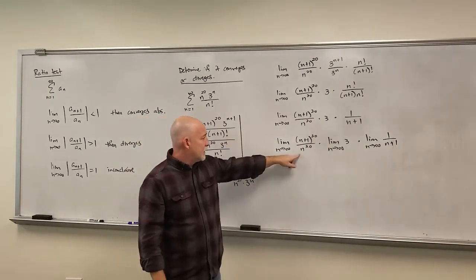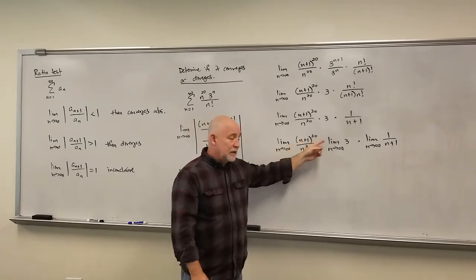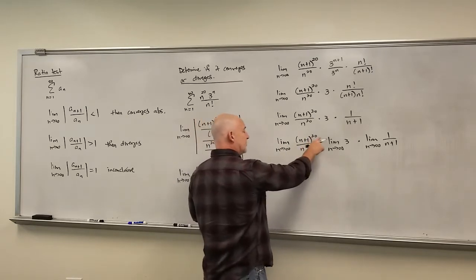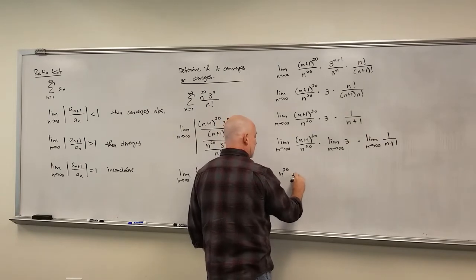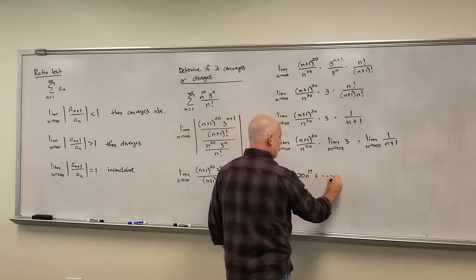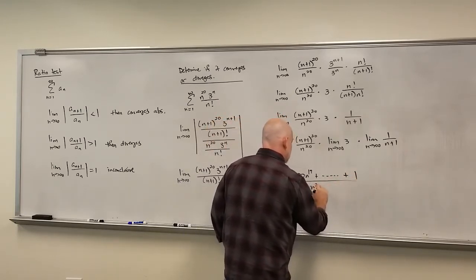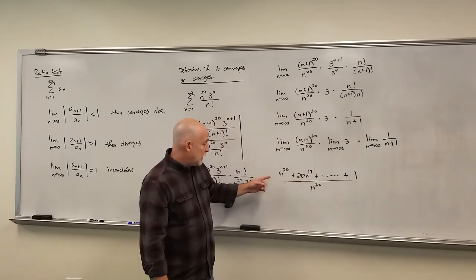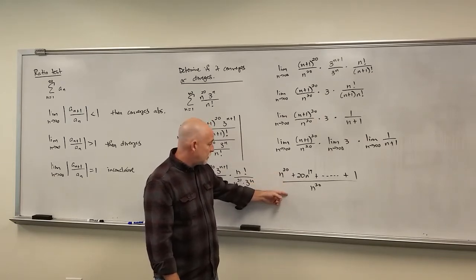All right, what's happening to this? Now, you can multiply all this out and get an idea of what's going to happen. If you distribute that out, now you wouldn't want to, it'd be giant, but the first term would be n^20, and then it'd be like 20 n^19, plus all the way down till you got to 1, all over n^20. Now as n goes to infinity, this absolutely goes to infinity over infinity, and you can start doing L'Hopital's rule if you want to.